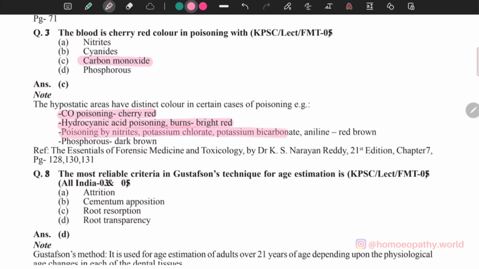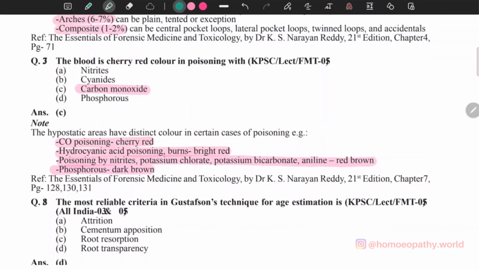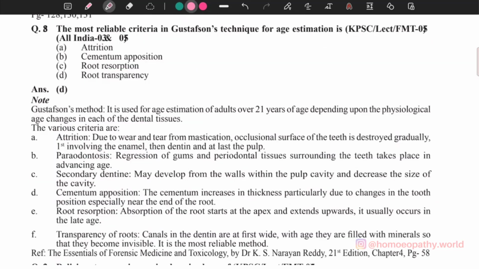Poisoning by nitrites, potassium chlorate, and aniline will be red brown, and phosphorus will be dark brown. Okay, so nitrites will be red brown, cyanides will be bright red, carbon monoxide will be cherry red, and phosphorus will be dark brown.